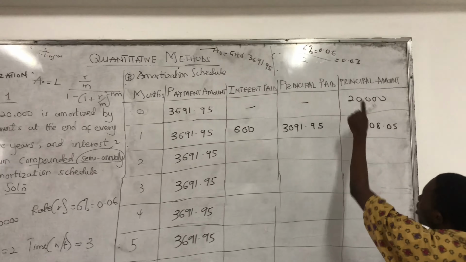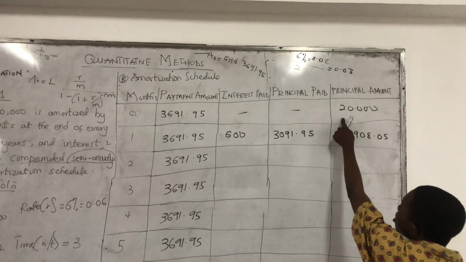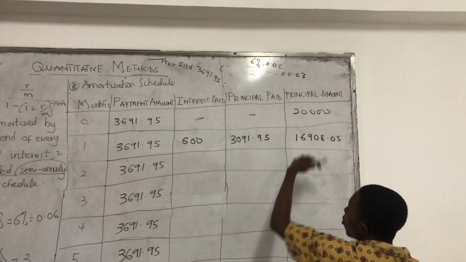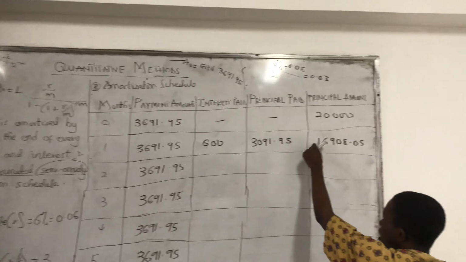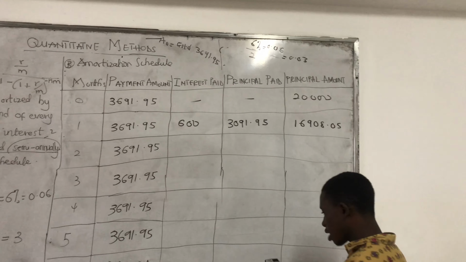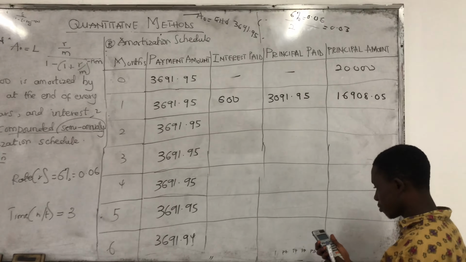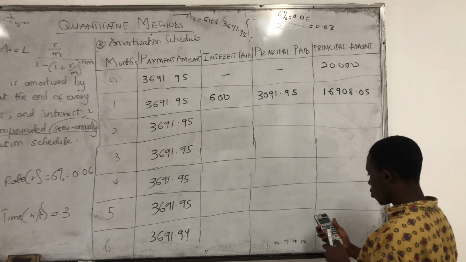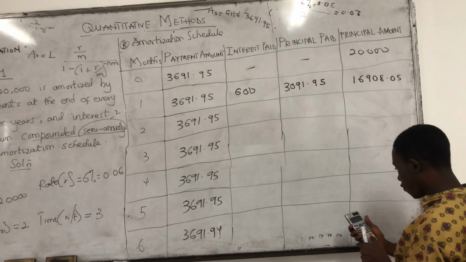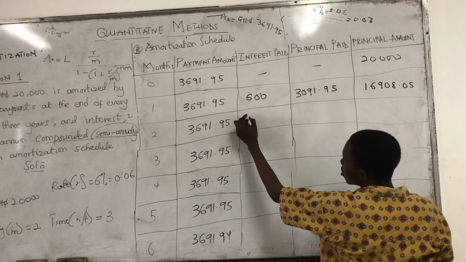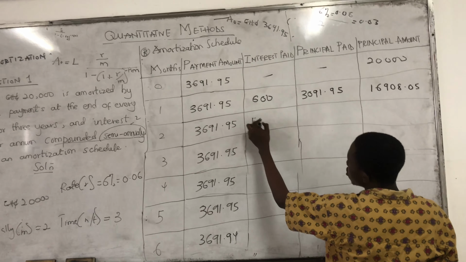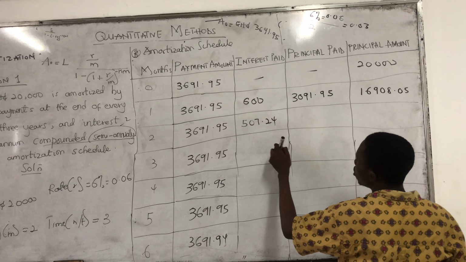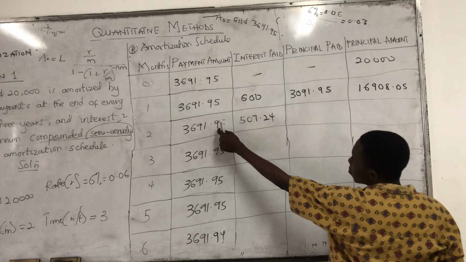So 0.03 times 16908.05. I'm getting 507.24.